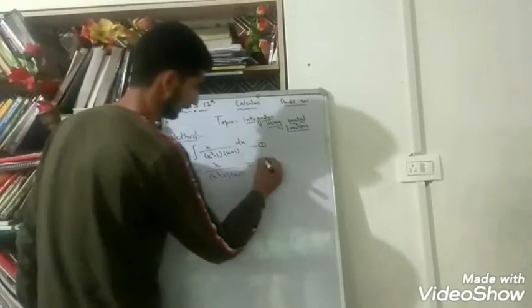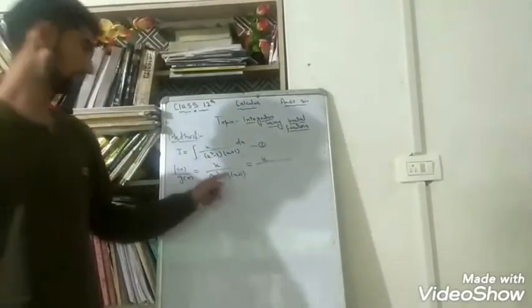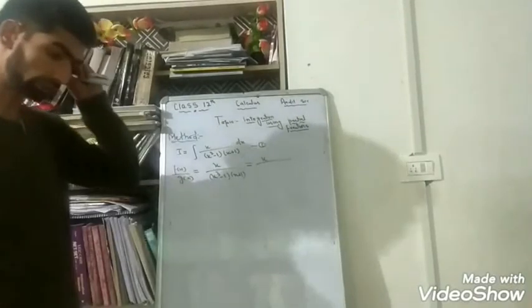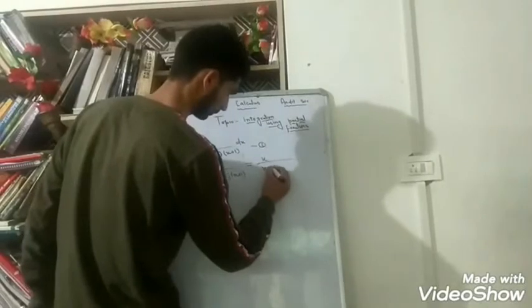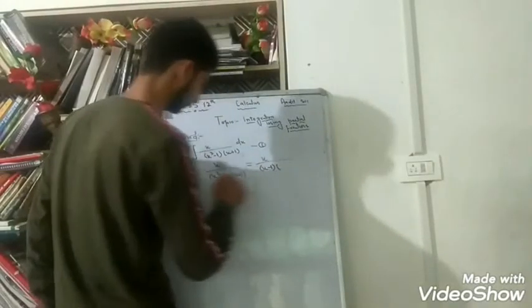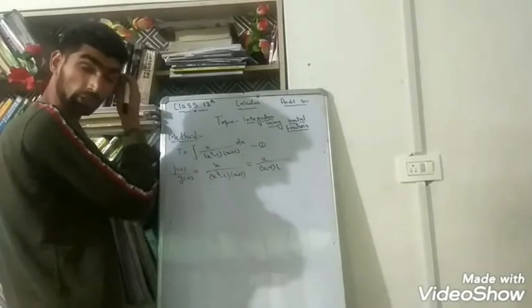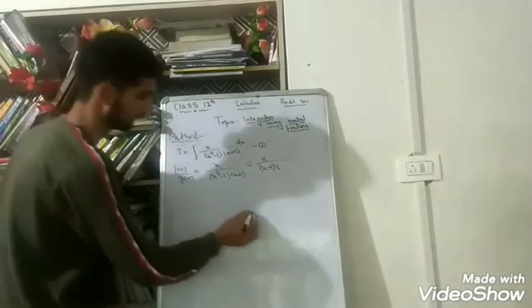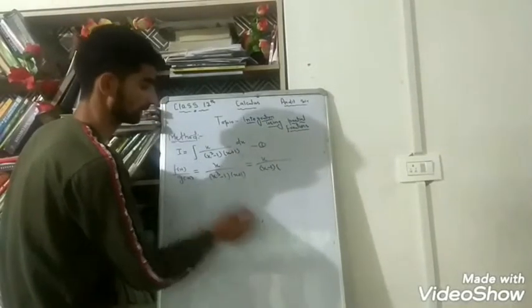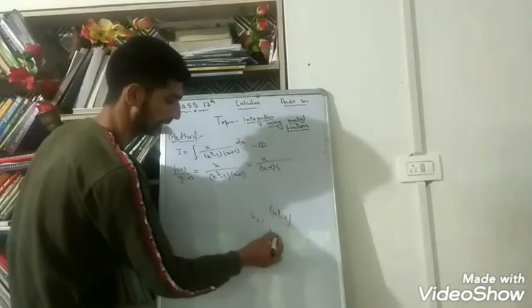Here x plus 1 is already factorized, but x cube minus 1 we can factorize; it will be x minus 1 into the factorization of this. You can check it yourself, because you know that x equal to 1 is a root of x cube minus 1, so we can divide this by x minus 1.